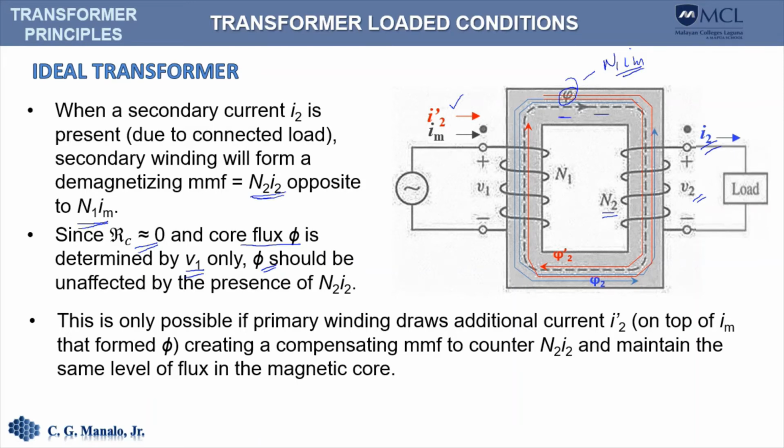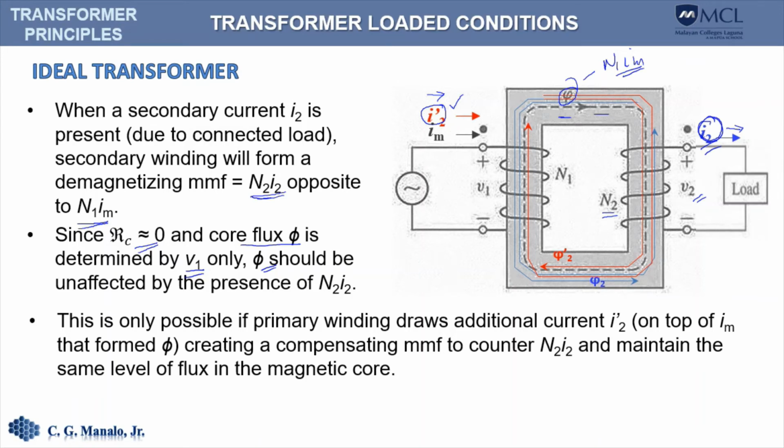So every time a current is drawn by the load, a corresponding additional current is drawn, though it may not be exactly the same depending on the turns ratio. So if we draw more current on the secondary, additional current will be drawn by the primary to counter the flux due to this demagnetizing MMF.